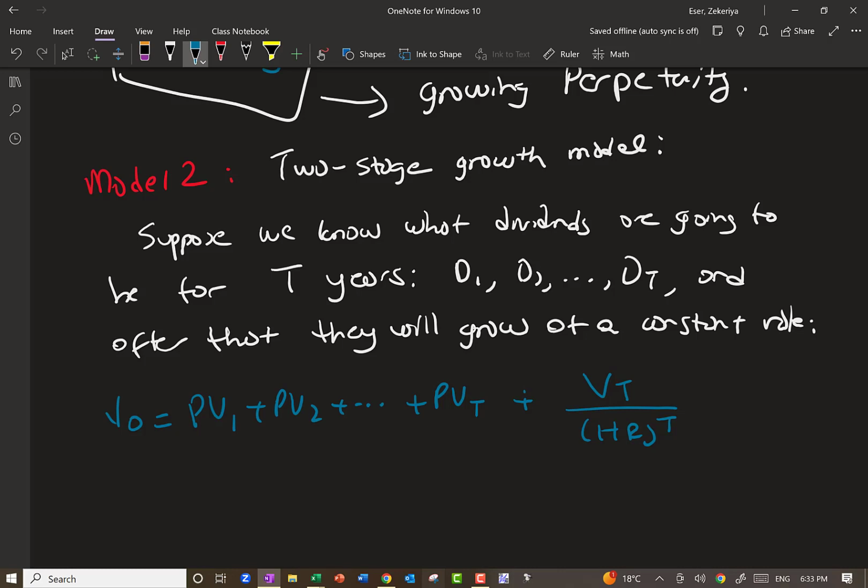Once you got all those, you still have the shares of a company that's going to be worth something. That's worth something, the value of the company at the end of year T. But since that's going to happen in the future, we need to discount that.